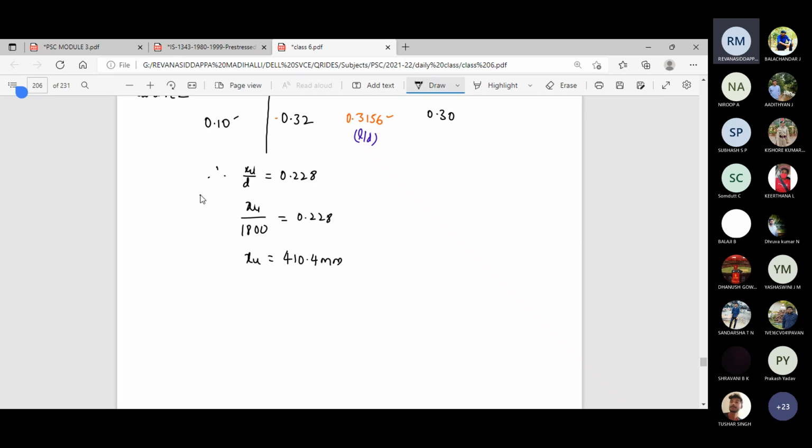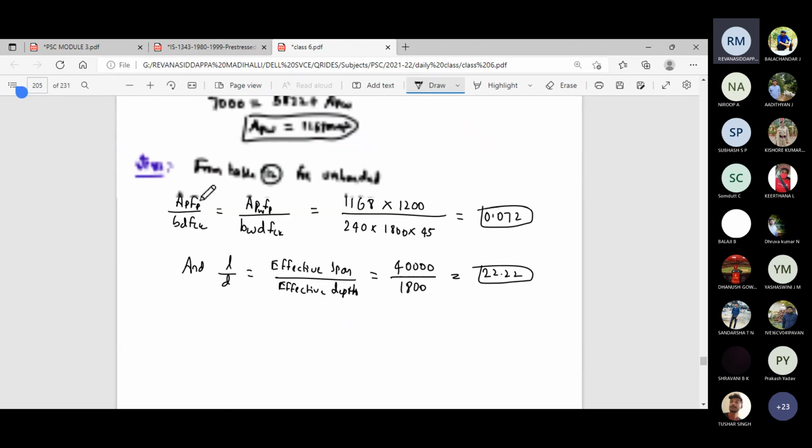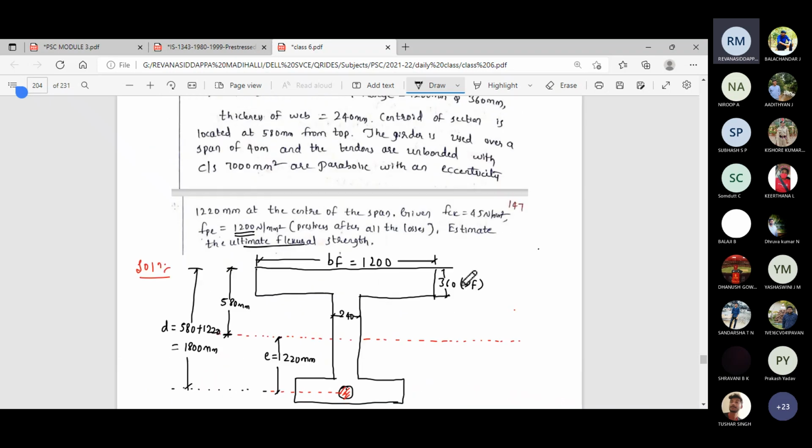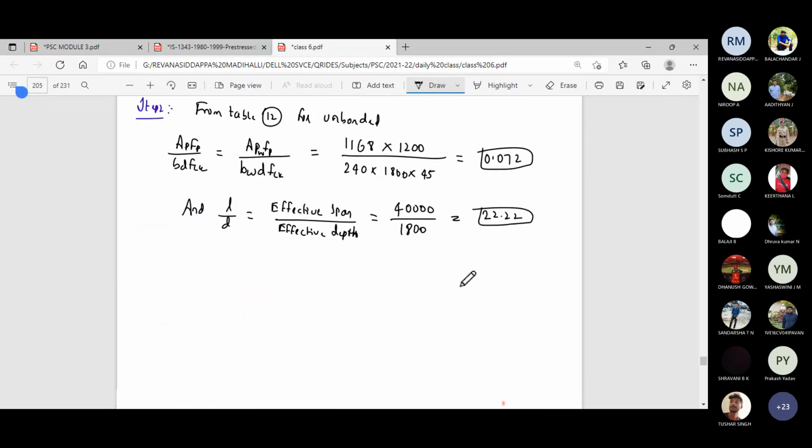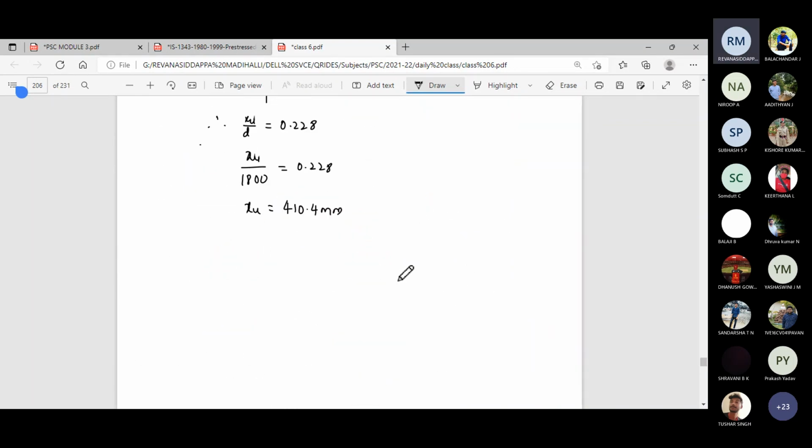Now you can see XU, the depth of neutral axis, is 410.4 mm, and the depth of flange given is 360 mm, which is greater than DF, that is 360 mm. Hence, the assumption is correct.